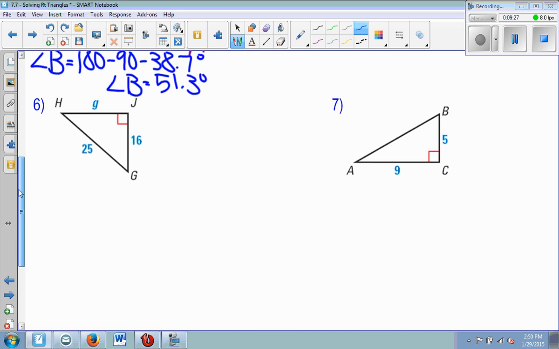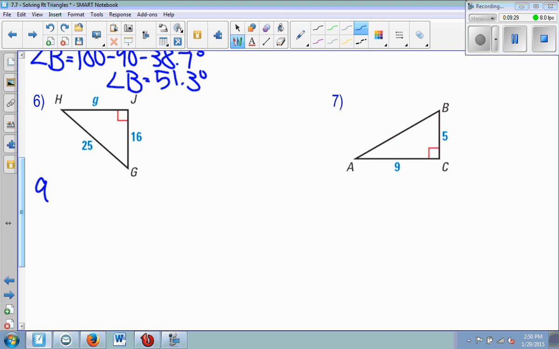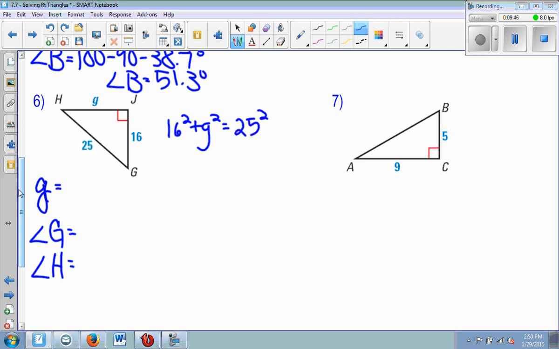First thing, if I want to find side G, do it the easiest way you can, and that would be to just use the Pythagorean theorem. a squared plus b squared equals c squared. So 16 and G are the legs, 25 is the hypotenuse. Doing a little math here, 16 squared is 256, 25 squared is 625.